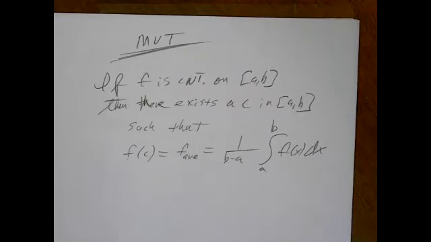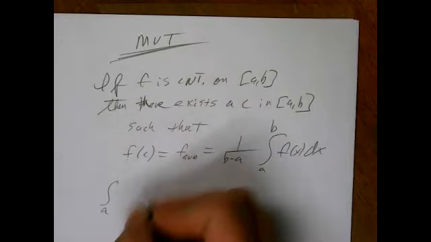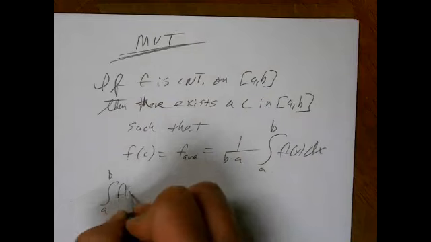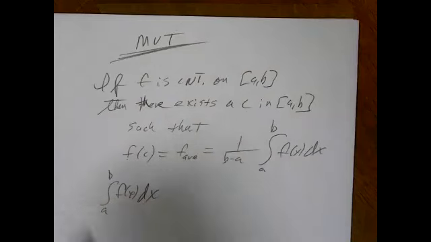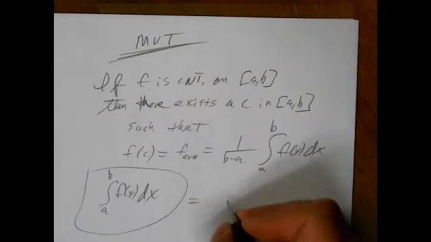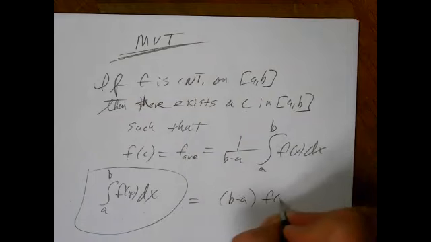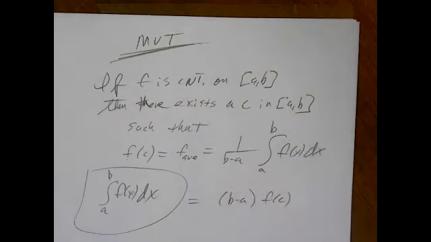Well, in other words, what this is saying is that a continuous function on an interval has to take on its average value. Another way of saying that is that the integral from a to b of f of x dx, which is the area under the curve from a to b, is equal to its length times an average width.